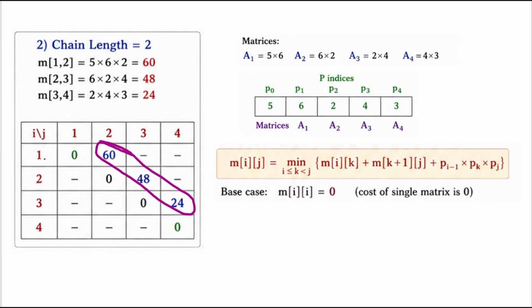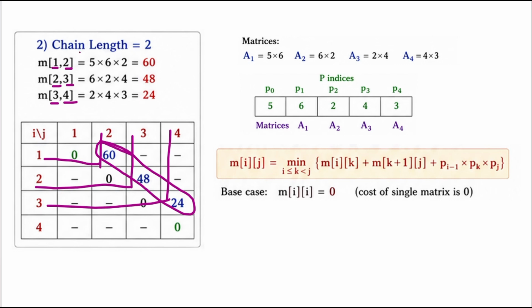Here the cells are M1,2, M2,3 and M3,4. That means multiply matrix 1 with matrix 2, matrix 2 with matrix 3, and matrix 3 with matrix 4. So the total number of matrices in every multiplication is 2.